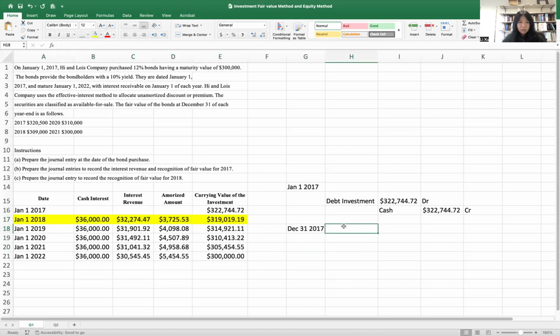And here you can see on this date, December 31st, we actually didn't really receive the cash, but we know we're gonna receive the cash the day after. So what are we gonna do? We just write interest receivable, 36,000, debit. We know we're going to receive very soon.